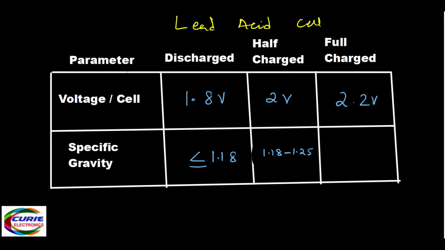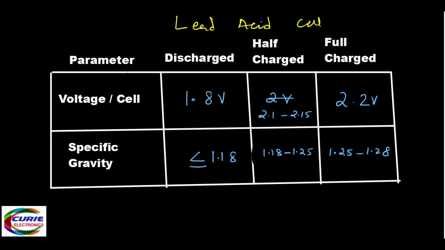And the specific gravity is going to be 1.25 to 1.28. So the specific gravity of a battery varies from 1.18 to 1.28.